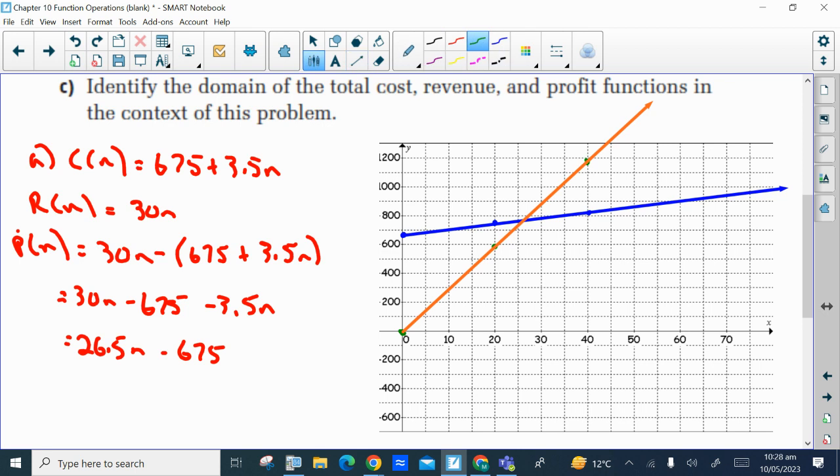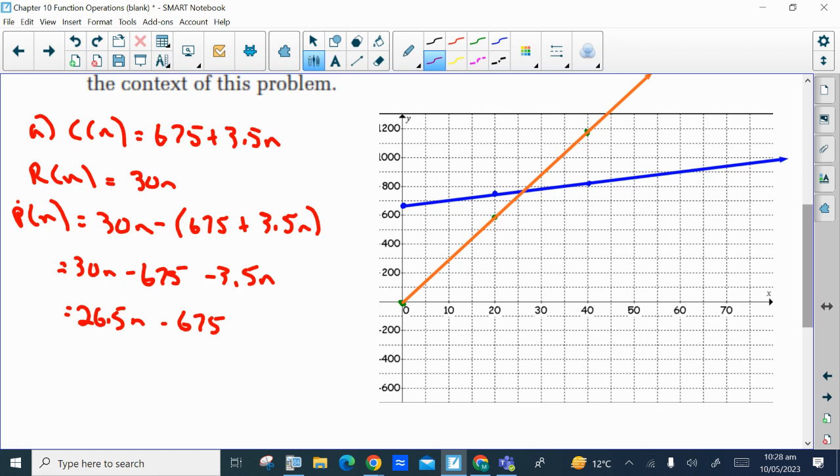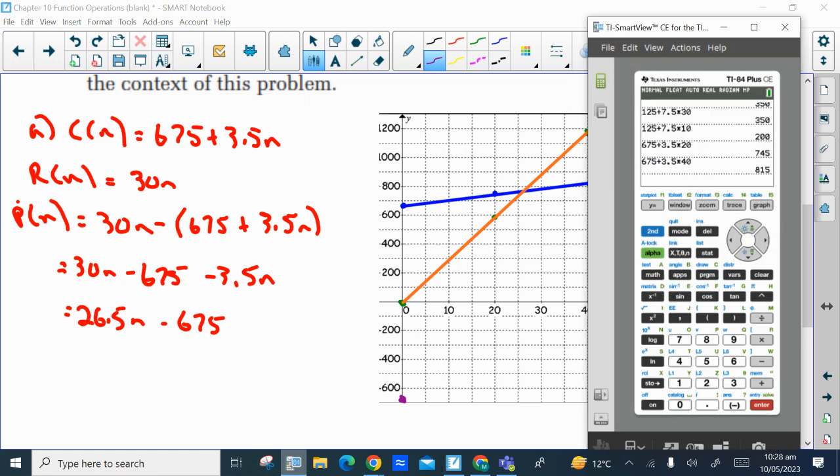And then finally, we'll do our profit function, which actually has a y-intercept of negative 675 and a slope of 26.5. So again, let's choose some random values of n to get more points on this graph.